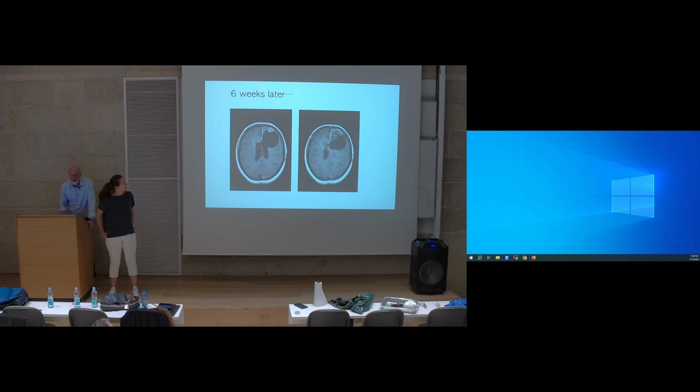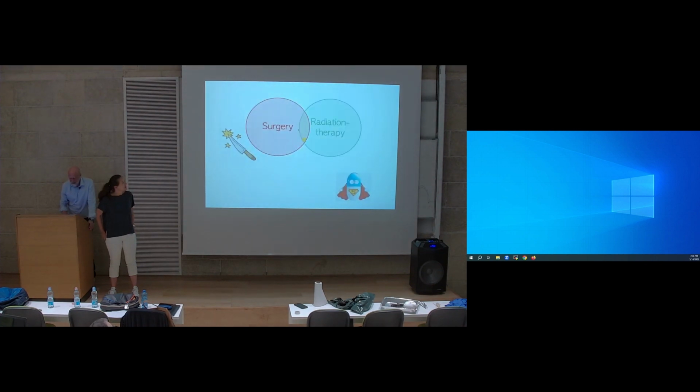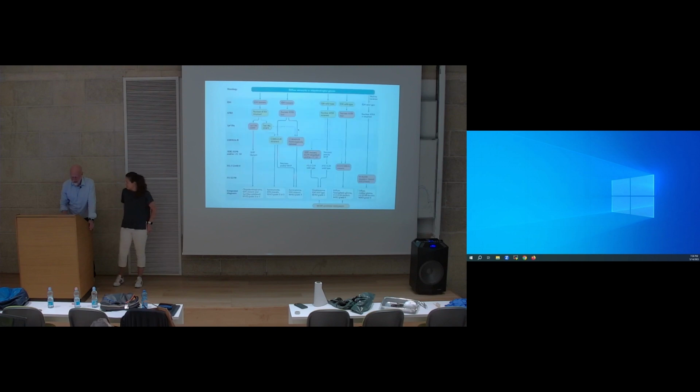It is very extreme, but normally you can't just rely on surgery, and that is what Marion made the point of. Surgery, radiation therapy, and chemotherapy need to be combined, and that depends on the exact localization of this patient in this algorithm. Okay, so for the sake of time, we just want to mention that surgery is not enough. Yeah? We have to think of other dimensions as well.